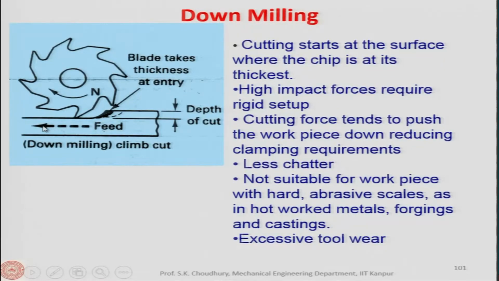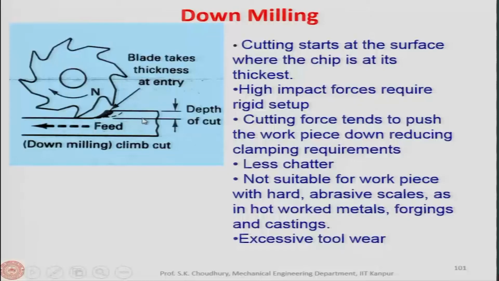So, in this case the clamping forces will be less, but there is one fear, that there is a tendency for this workpiece to go towards the place where the operator is standing. So, one has to be very careful that if the clamping is not proper, the tool may actually throw the workpiece towards the operator.